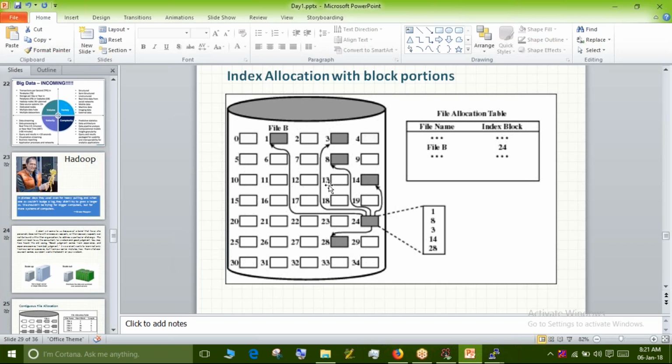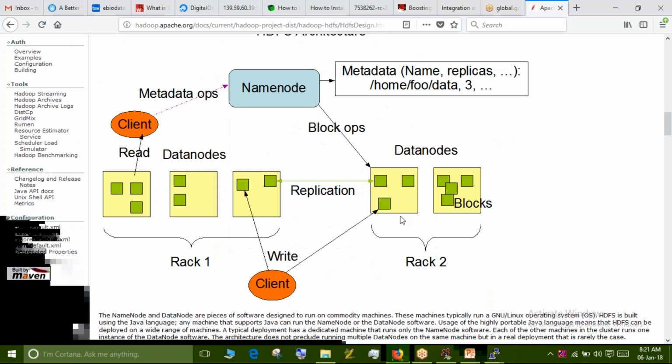Block is the fundamental unit. Depending on the type of operating system, we may have different sizes. So even when you come to HDFS, what we have here, now see this diagram.